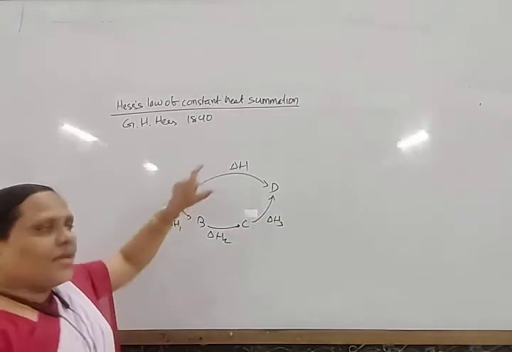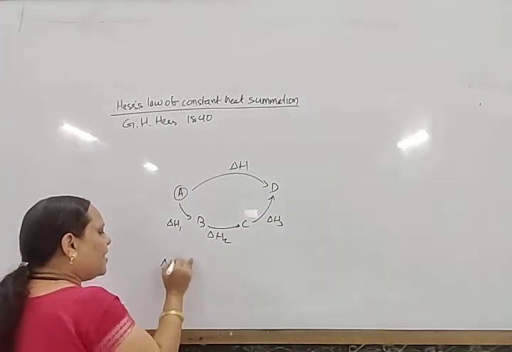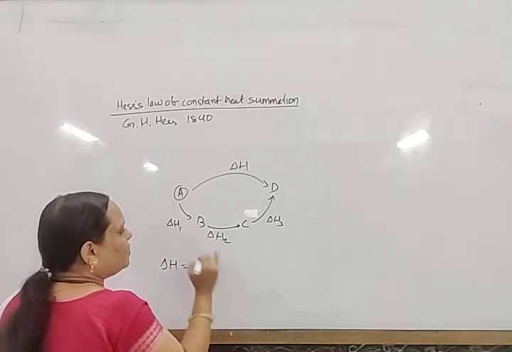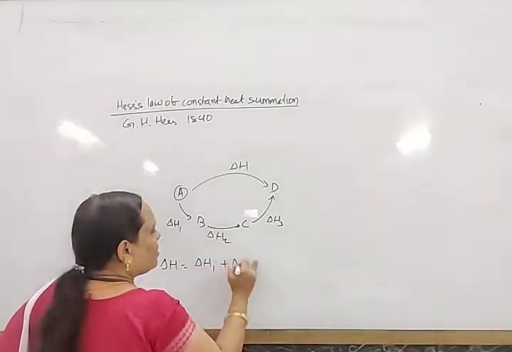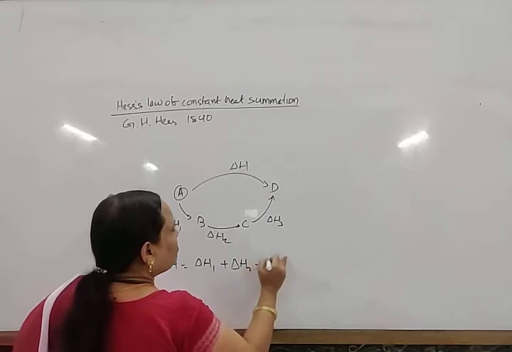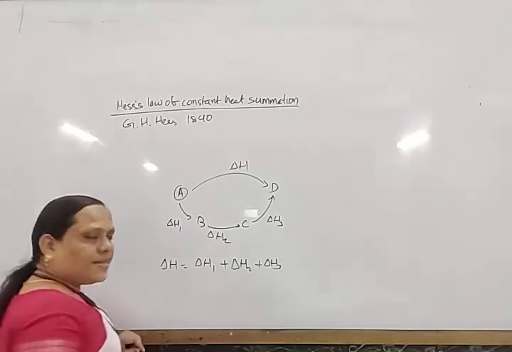Then, according to Hess's law, del H is equal to del H1 plus del H2 plus del H3.